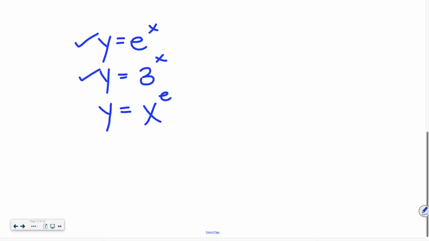If I were to find the derivative here, what would I use? The power rule. This is x raised to a power. That is a number. E is a number, right? Okay. Now, I usually don't give you things like this, okay? It's usually like x squared or x to the 5th or whatever. But I need you to understand the difference between up here and down here, where we have a number raised to a variable power versus a variable raised to a number power.